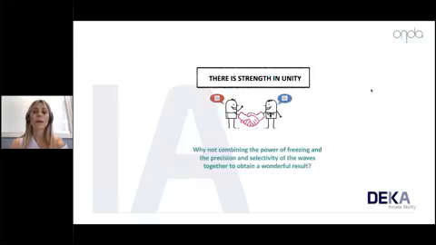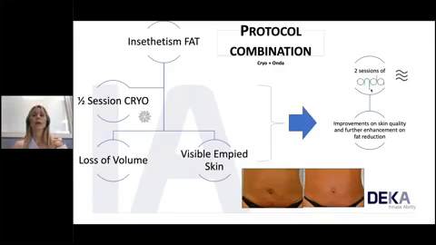So that's why we can eventually combine the two treatments. If my main inestheticism is the fat, I can perform 1-2 sessions of cryo, and then if I'm satisfied with the loss of volume, I can stop the treatment. Otherwise, if I observe visible lax skin, I can start with 2 sessions with Onda.